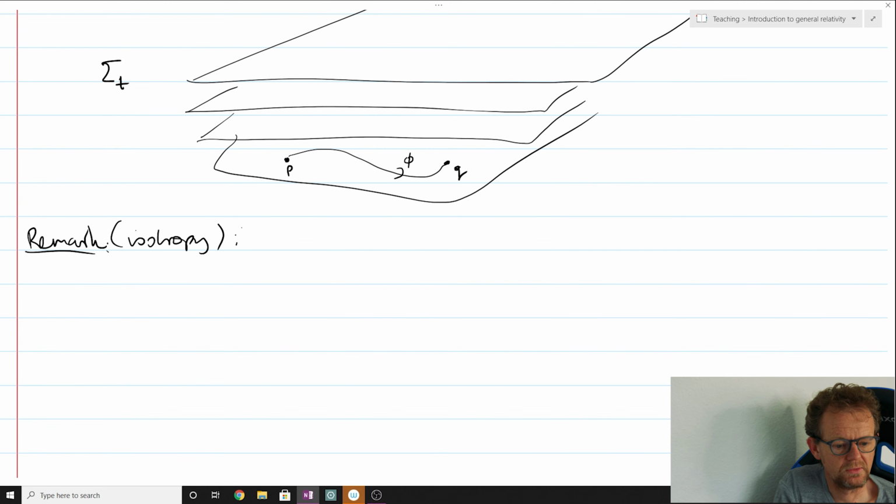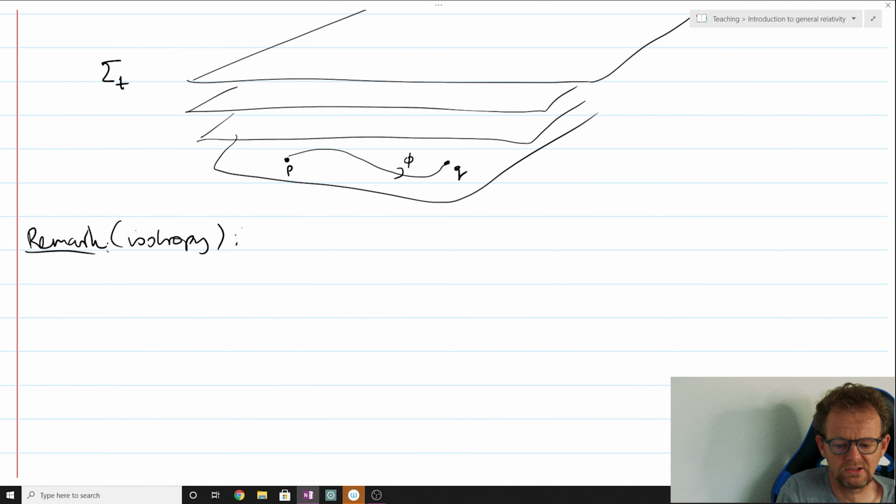Well, imagine the universe is filled with an isotropic distribution of stress energy, or mass energy density. Then imagine there's at least one observer who can see the universe as isotropic. The claim is there is no other observer who would perceive it that way at that point. You fix a point and take a look around, and suppose there exists at least one observer that sees the universe as isotropic.